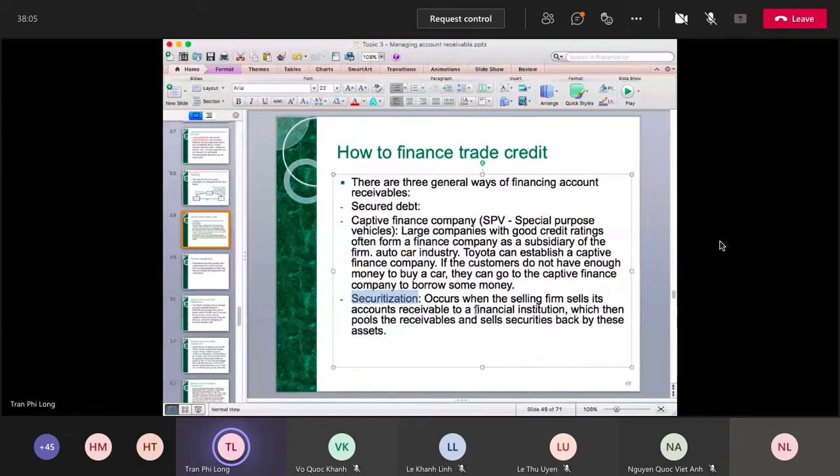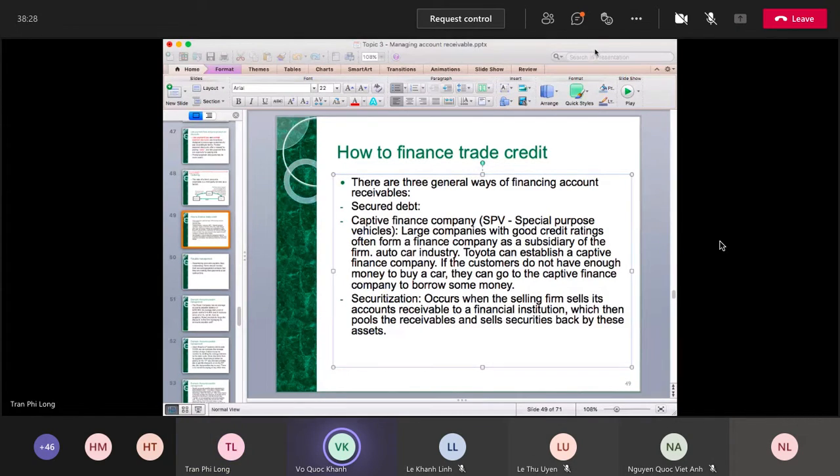Then they can divide the account receivable into many chains, and then they will sell the chains to the investor, something like that.